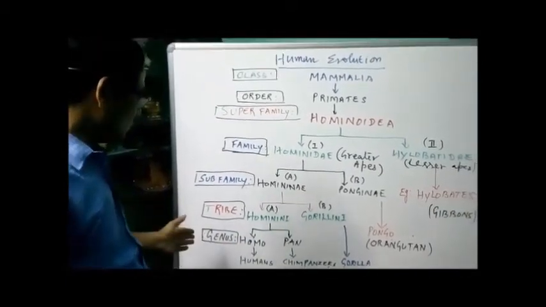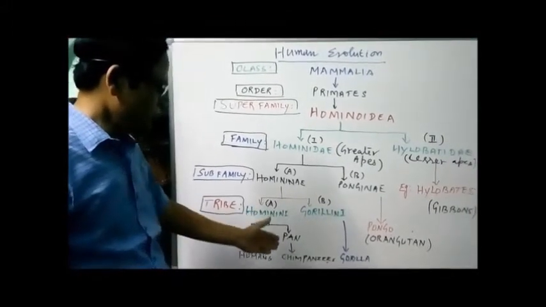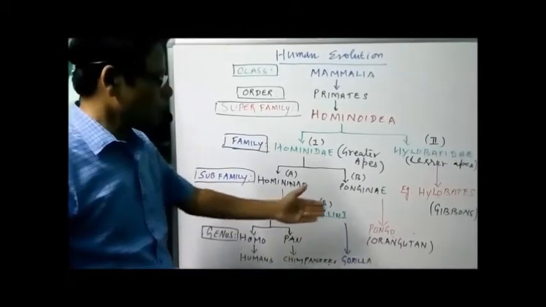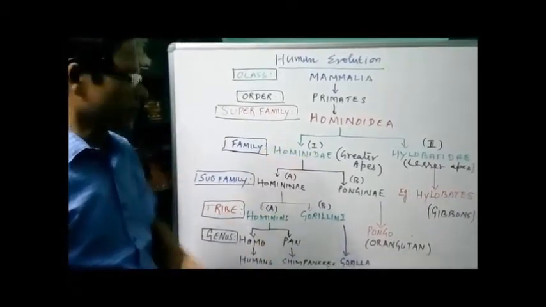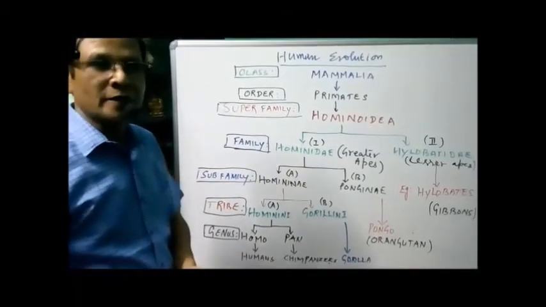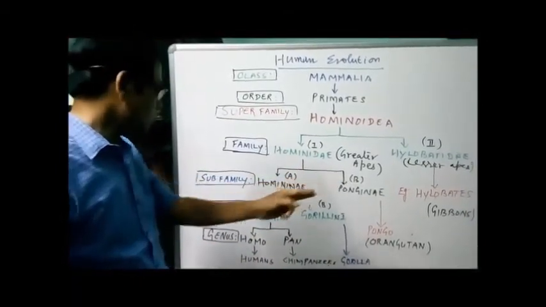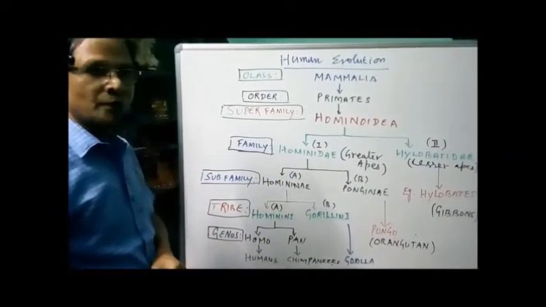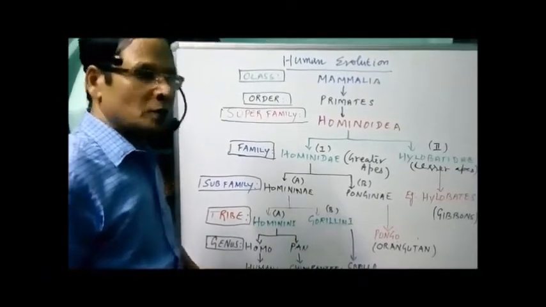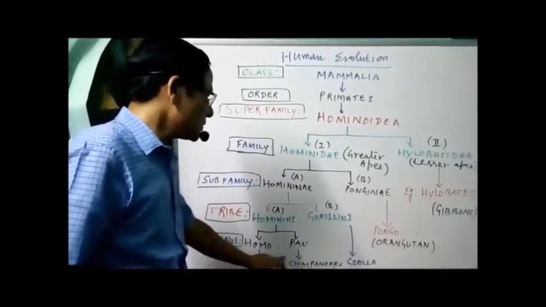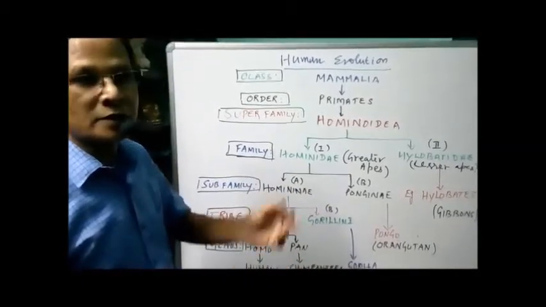So if we are analyzing human evolution, humans, chimpanzees, gorillas and orangutans come under one category, great apes, and the gibbons come under another category, the lesser apes. Gibbons are the distant relatives of humans. The close relatives of humans are chimpanzees.